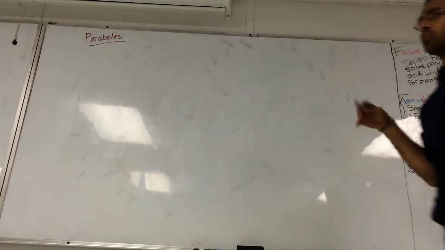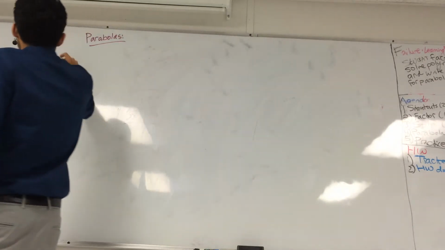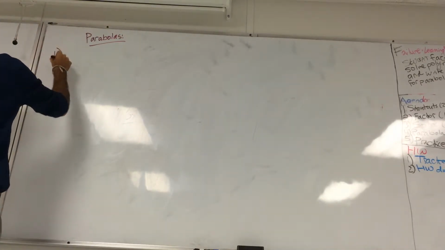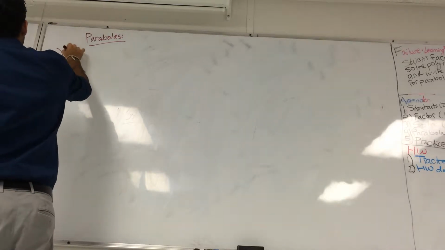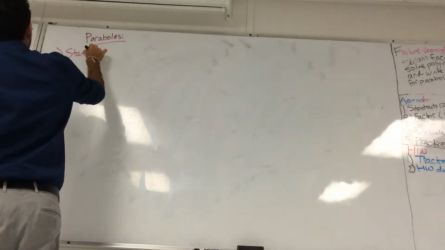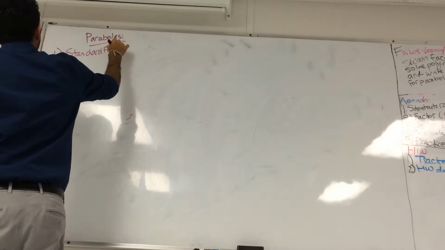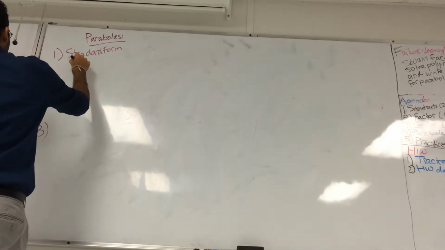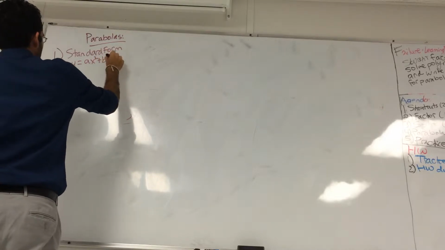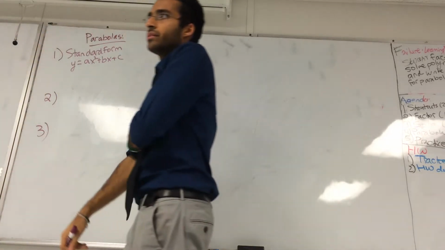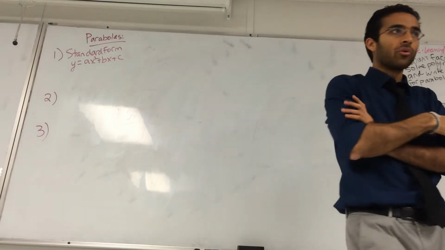So for parabolas, really just a few things we want to know. Every parabola can be written in 3 forms. We can write a parabola in standard form, which is y equals ax squared plus bx plus c. This is the most common form that you all have seen.